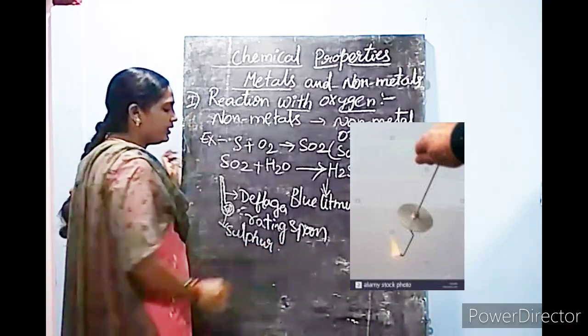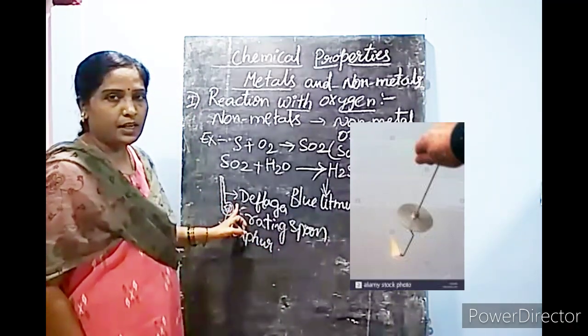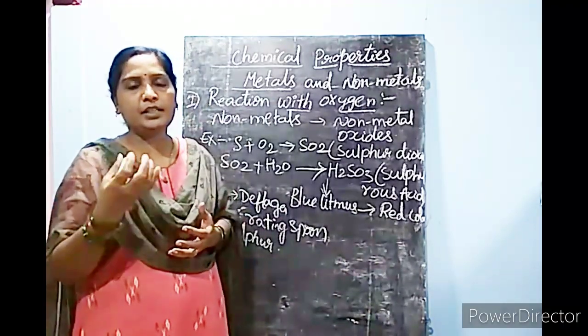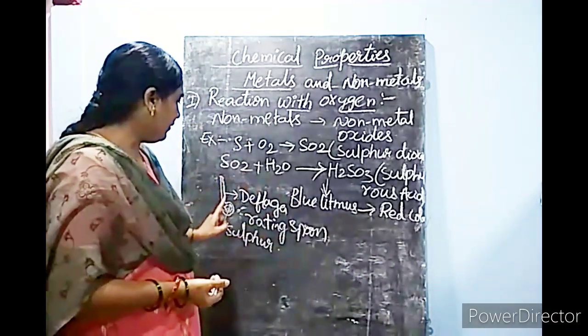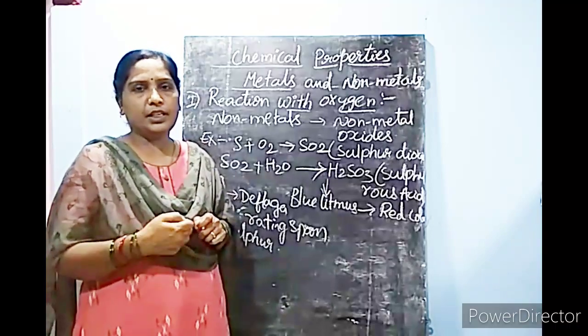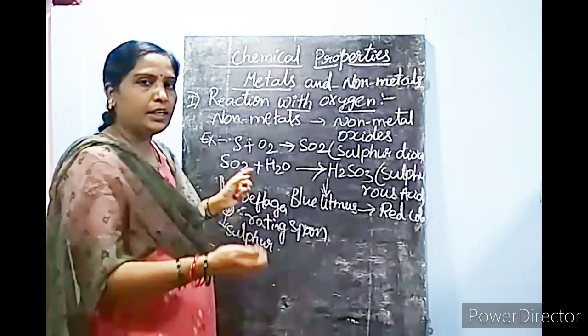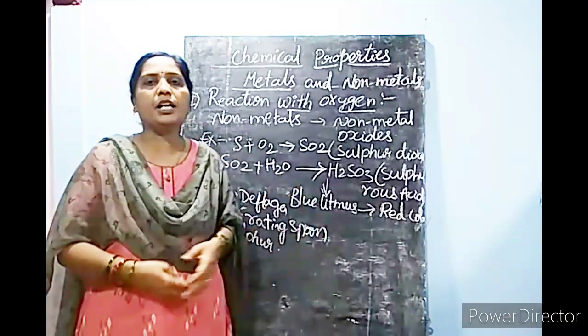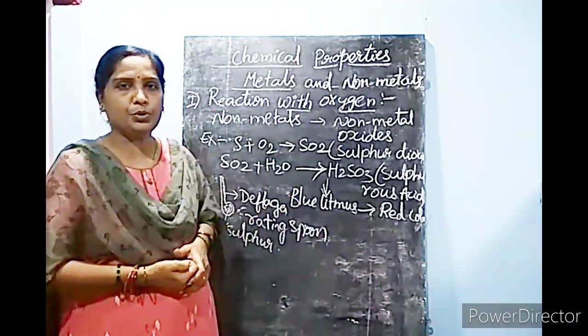If this deflagrating spoon is not there, take the cap of any medicine bottle and, with an iron wire, tie it and make it like a deflagrating spoon. How to make that is given in your NCERT textbook, you can go through that.